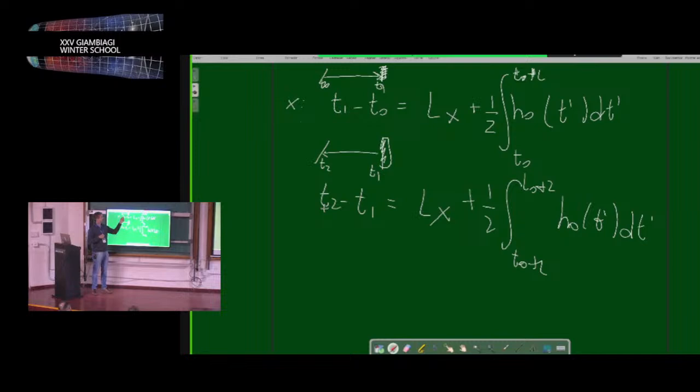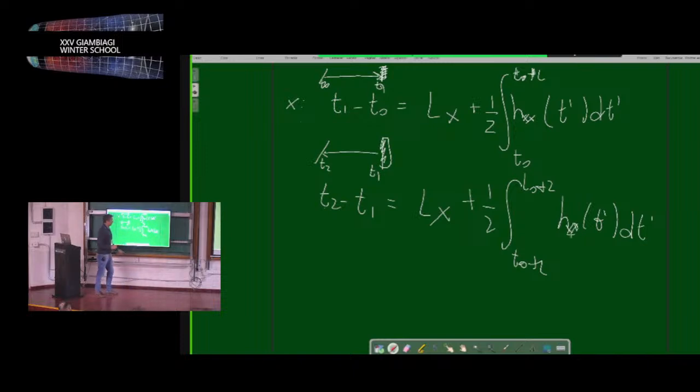So basically, the difference in the phase of the recombined light is due to the fact that they arrived at the same T2, but they left the beam splitter at a different T0. Why? Because the X arm is actually sensitive to what? To HXX. Okay? This is HXX.